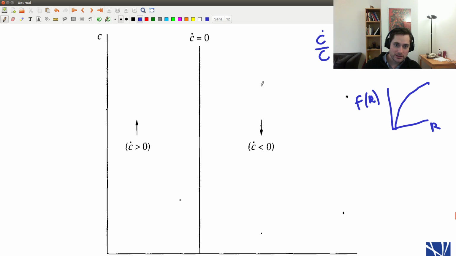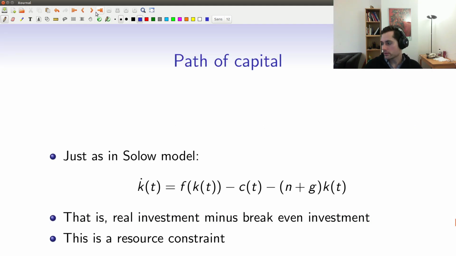So little c is decreasing on this side of this equilibrium line, and it's increasing on this side. Why is that? When little k is small, then this curve is steep, which means that this numerator here is positive, which means consumption is growing. Okay, so that is the first graph.